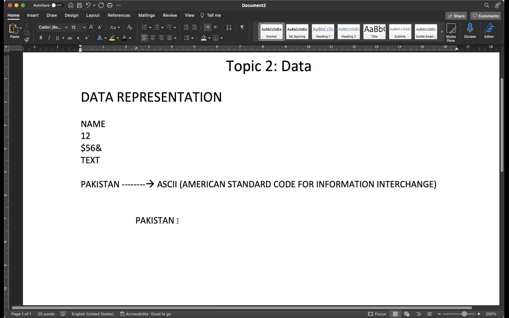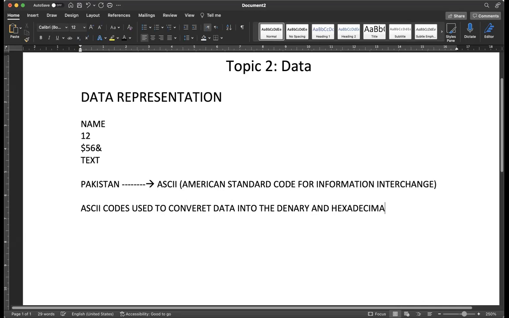How long does it take to convert? It takes a nanosecond to convert. Convert data into the denary and hexadecimal system.